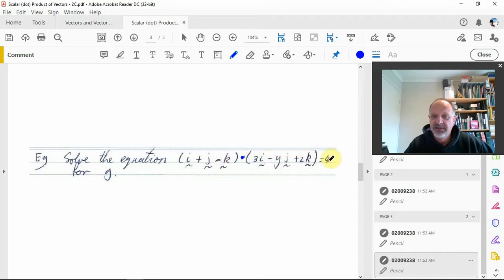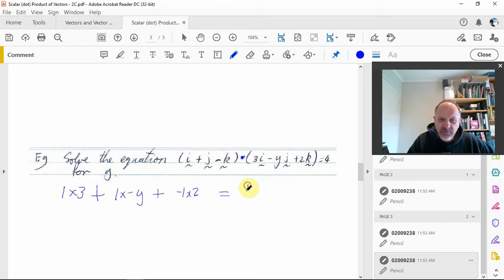So the dot product of the vectors: the i bit, 1 times 3, plus the j bit, 1 times negative y, plus the k bit, negative 1 times 2, and that's got to equal 4.